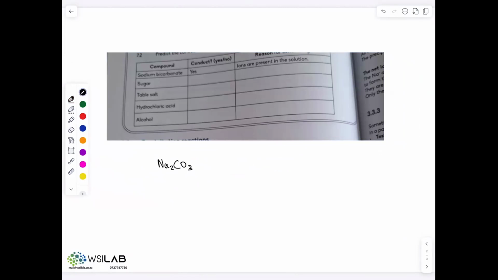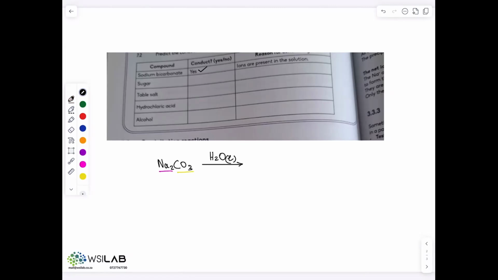And then they're going to ask you, does it conduct electricity? Yes. Why? There are ions present in solution. So you need to find out if there are ions present in solution. Okay, so now I have a metal here and a non-metal there. So basically, is this going to be ionization or dissociation?